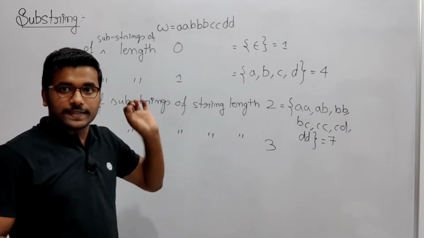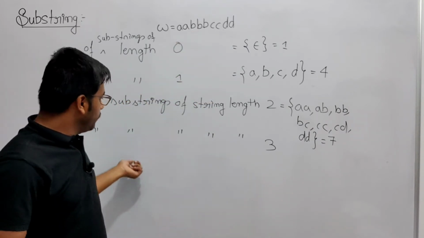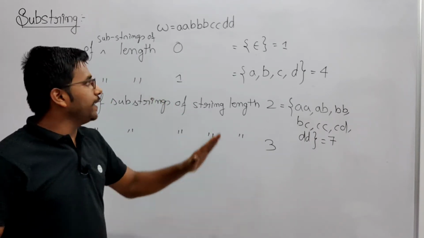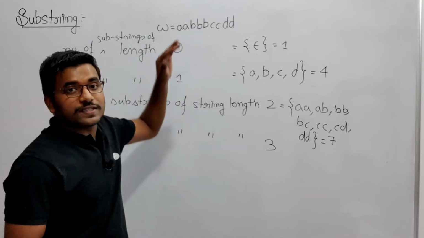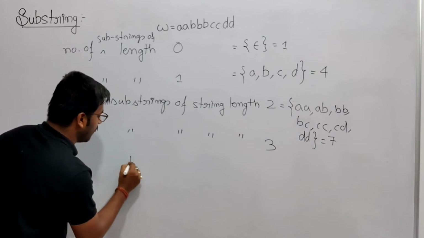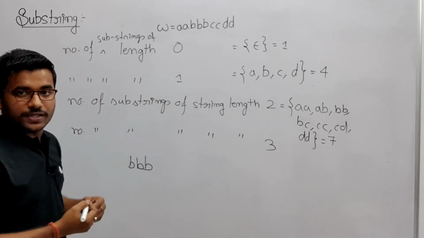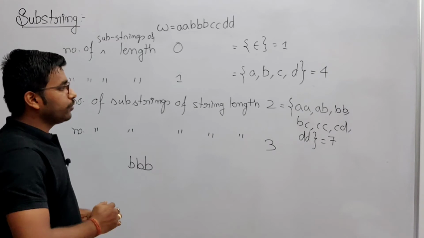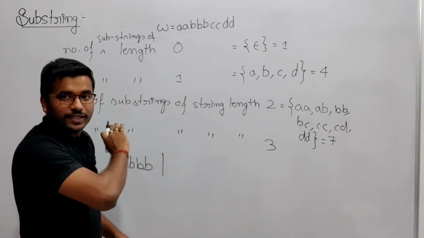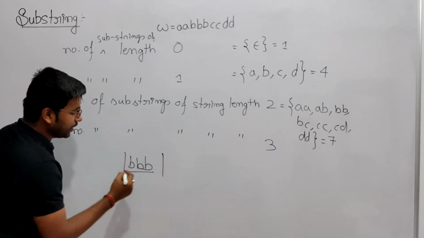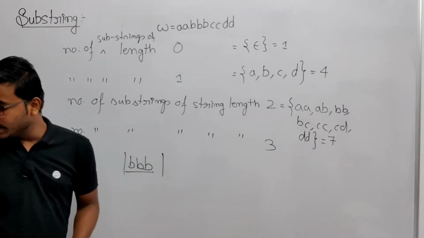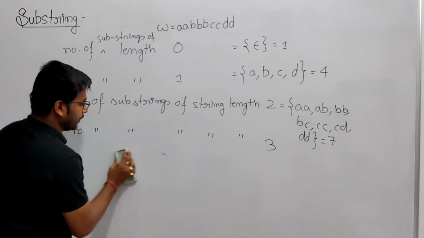Triple B. Triple B is a string having the maximum repetition of the same symbol. There is no substring of 4 symbols having the same repetition. So till this point you have to write individually.